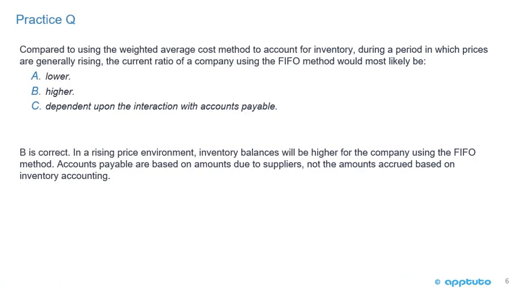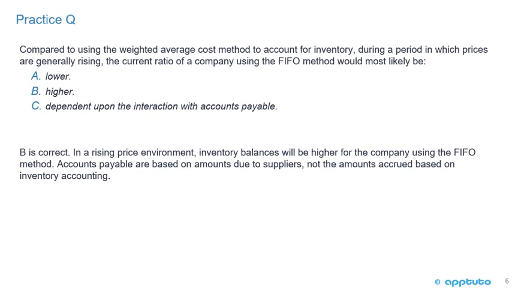In a rising price environment, inventory balances will be higher for the company using FIFO, first in, first out, because the inventory balance is the newest purchases and they're at the higher prices. Accounts payable are based on amounts due to suppliers, not the amounts accrued based on inventory accounting. So the correct answer is B.